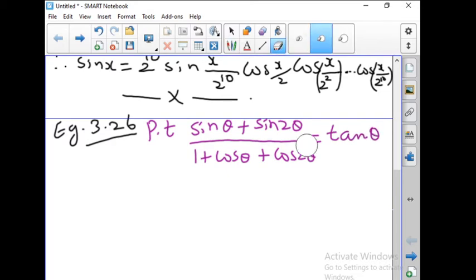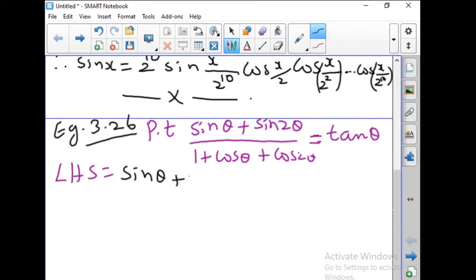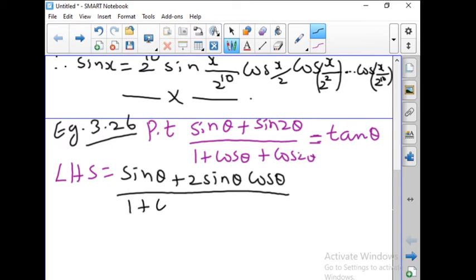So we have to prove this. So take the left hand side. The left hand side is equal to sin theta plus sin 2 theta, which is 2 sin theta cos theta, divided by 1 plus cos theta plus cos 2 theta.